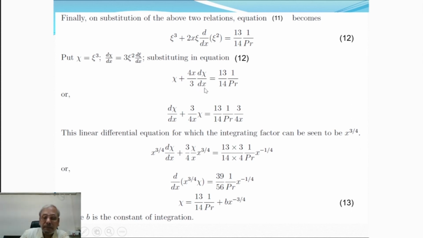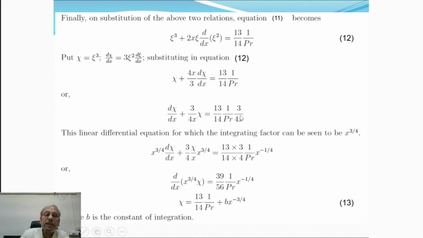We can rearrange this equation as d chi by dx plus 3 by 4x into chi equal to 13 by 14 1 by Prandtl number 3 by 4x.